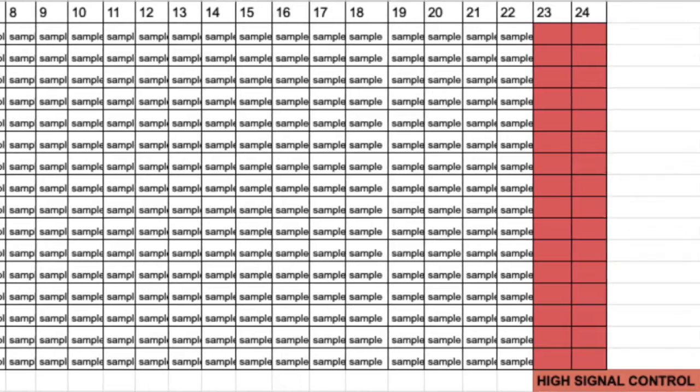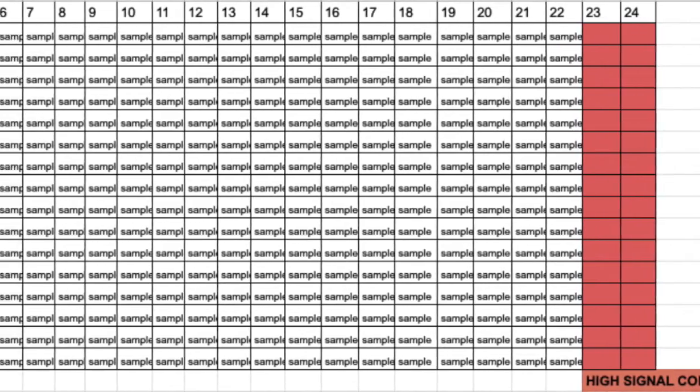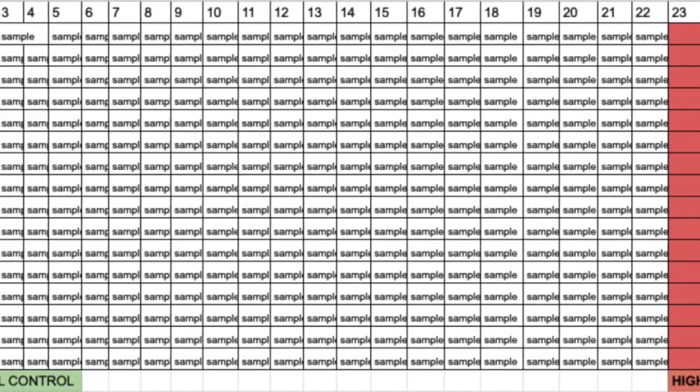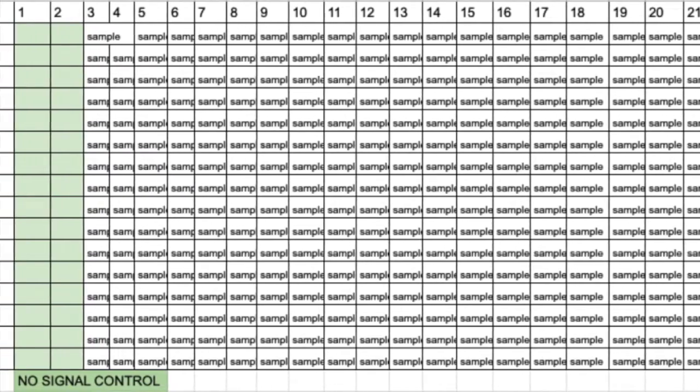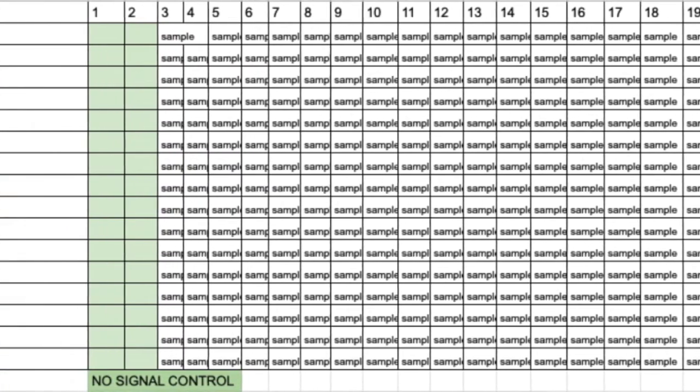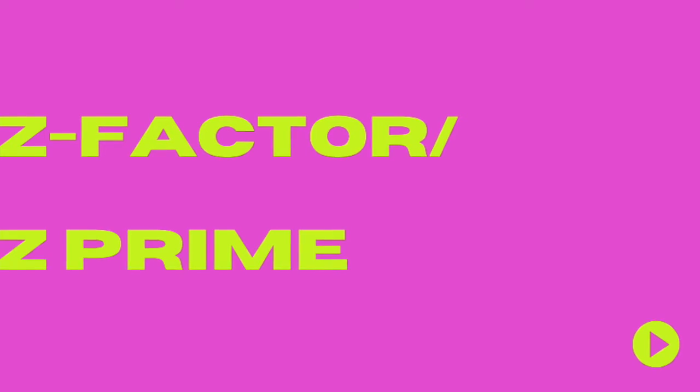So before you get here, you have to make sure that everything is working well. But you don't just assume it's working well. You have some parameters that you can check, so you can put positive controls on the plate, you can put negative controls, and you can use that to calculate your Z prime or your Z factor.